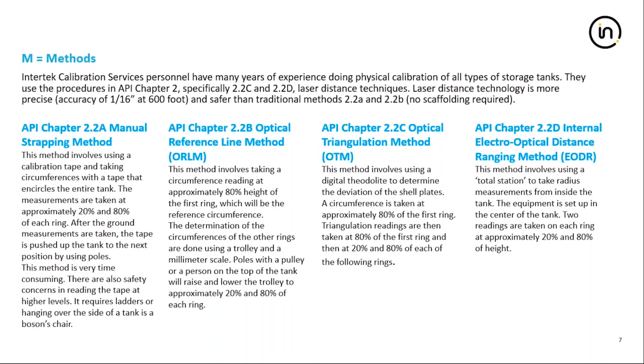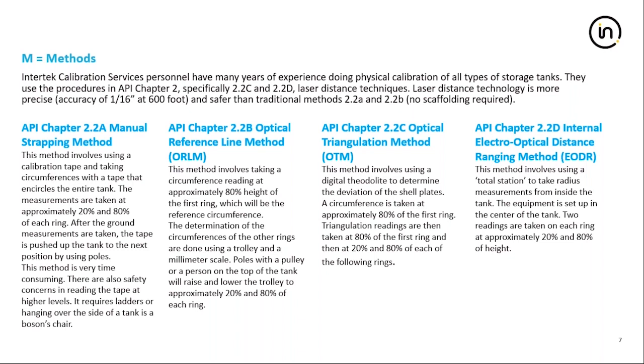And so that creates somehow a hazard for the people that are performing the activity, because they are working in a very precarious position, hanging from the side of the tank. So method 2.2b is what we call the optical reference line method.